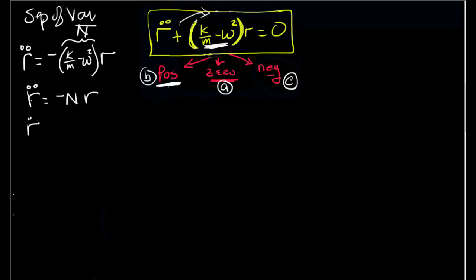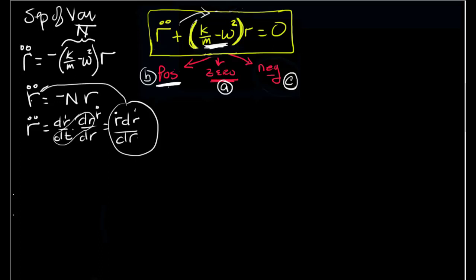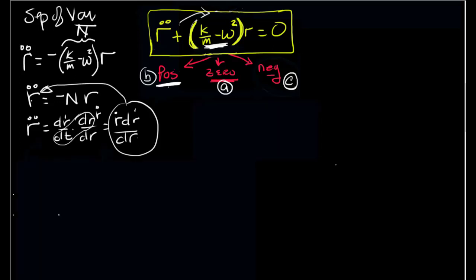We can define r double dot as d r dot dt and multiply and divide by dr. We recognize that to be r dot. So this is r dot d r dot dr.